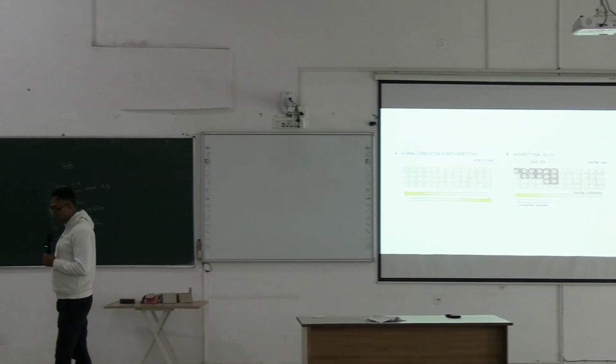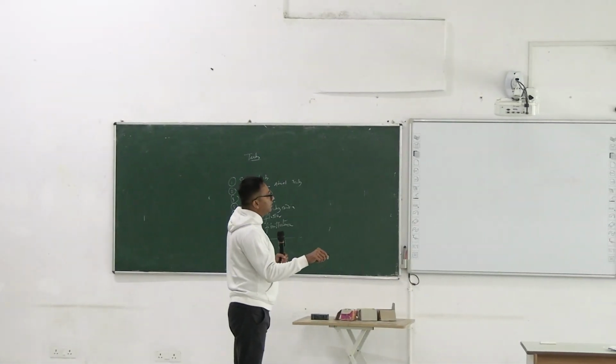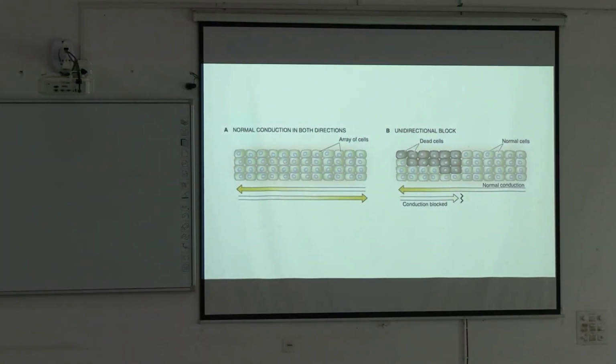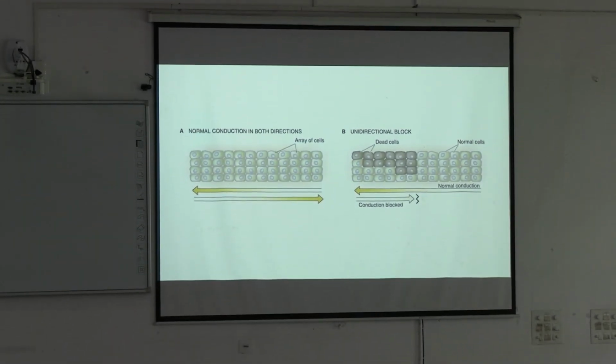Okay. Let us understand this very carefully. So you see all these cells, these are cardiac myocytes, heart muscles. Okay. So simply these are heart muscles. And you know, action potential once generated, it can travel from one cell to another, one cell to another. ठीक है?